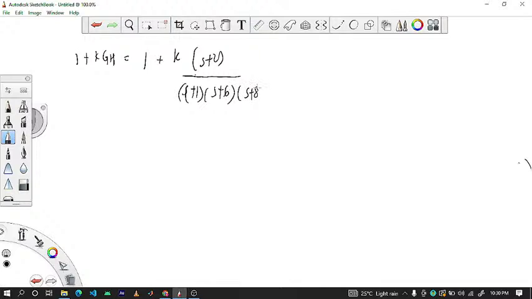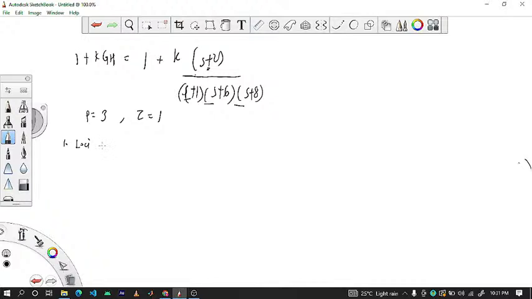First thing, find your number of poles. We have 3 poles. How many zeros do we have? We have 1 zero. Now your step 1 is to find the number of branches, also called the loci.